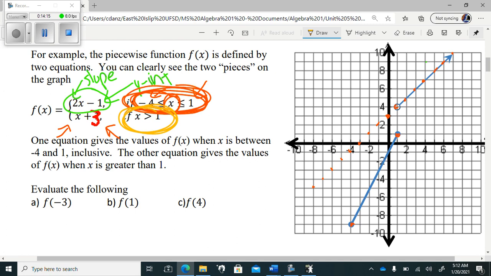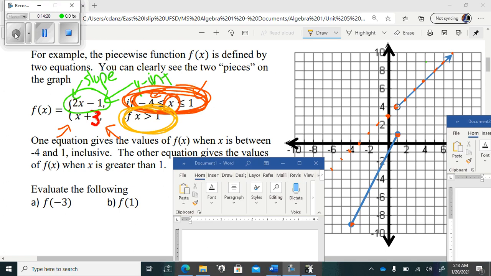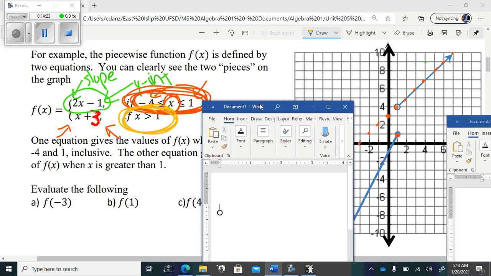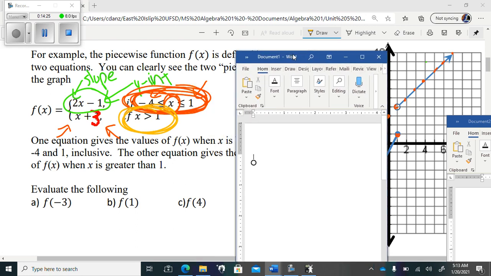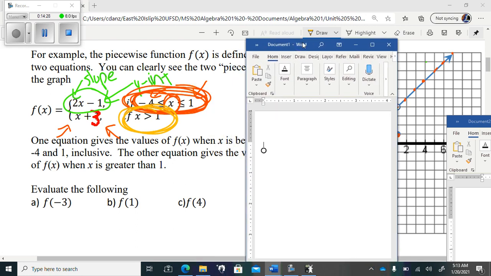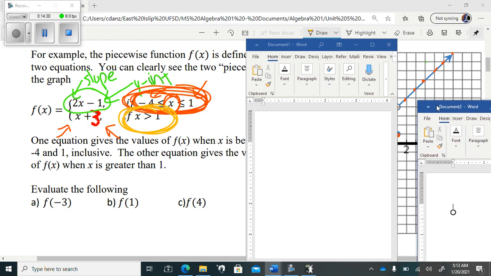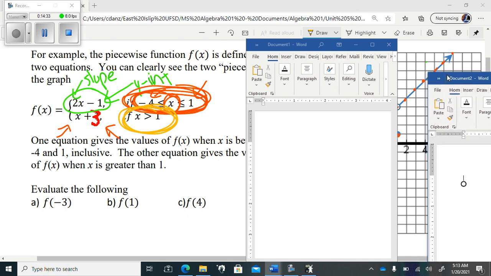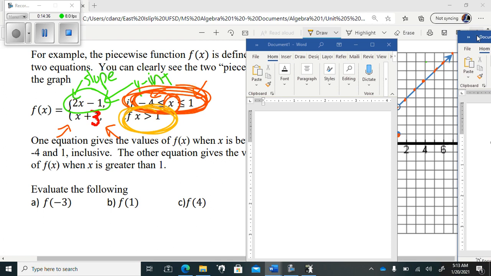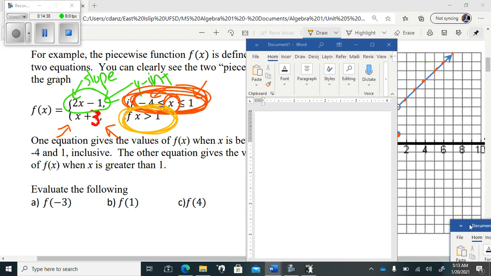So if you use those index cards again, I said it exists for x's greater than 1. So none of these x's here. And now I actually can't use this second index card because it says x greater than 1. So it doesn't stop at an x. So I'm not going to use this second index card. And now you could see why the points that they attached, they did. It's only this piece here for the x's that are greater than 1.